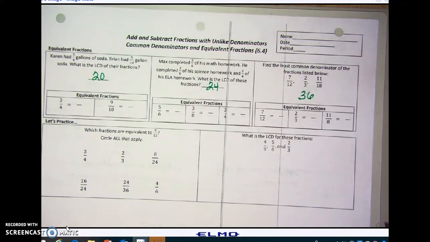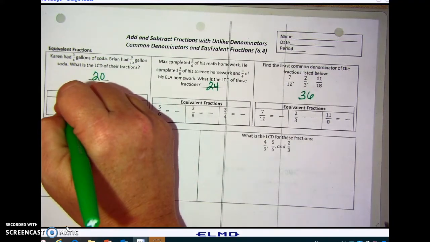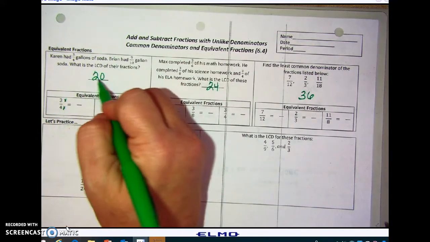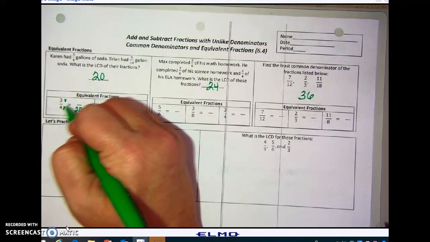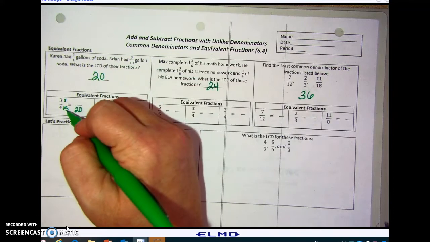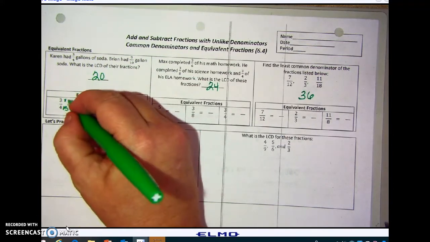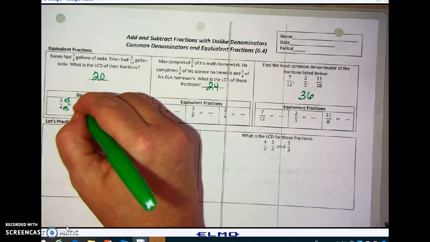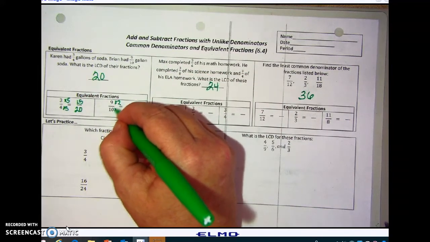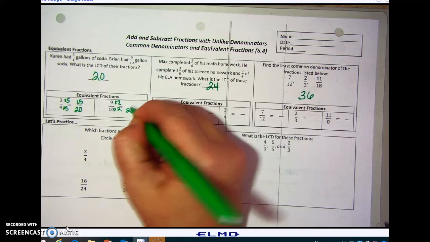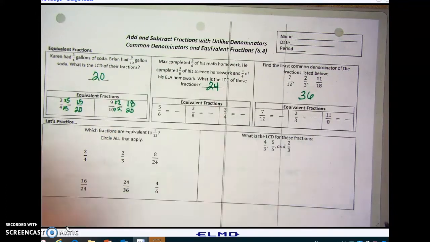So to find equivalent fractions, you're going to multiply by whatever it takes to get to 20. So I know my denominator is 4 times 5 is 20, but what I do to my denominator, I do to my numerator. 3 times 5 is 15. 9 times 2, 10 times 2, because 10 times 2 is 20, 9 times 2 is 18.